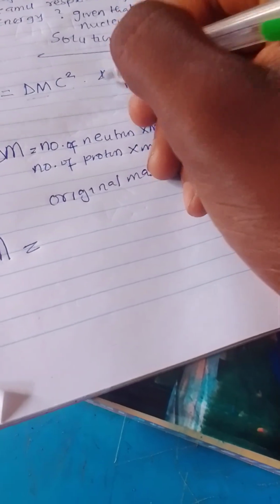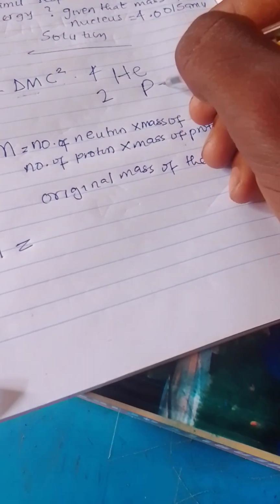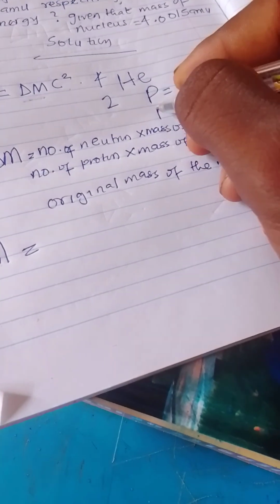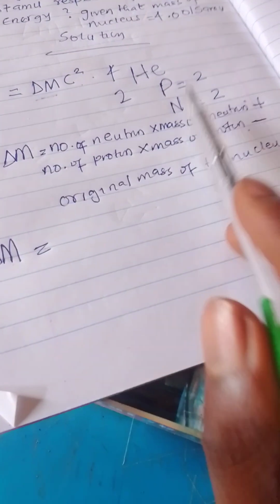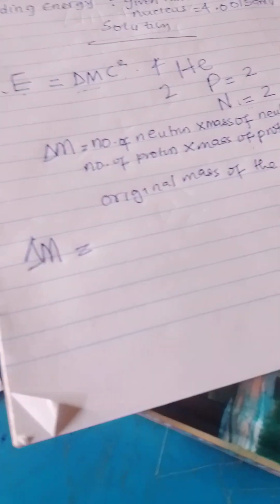Helium has the mass number of 4 and atomic number of 2. So the proton number is 2 and the neutron number is also 2, because mass number equals proton number plus neutron number. 2 plus 2 gives us 4.